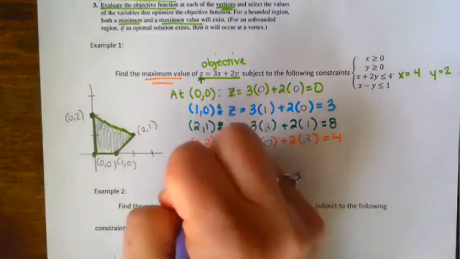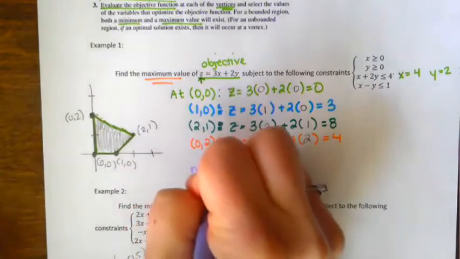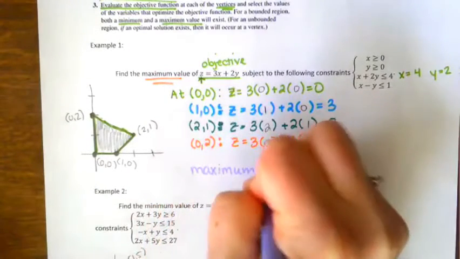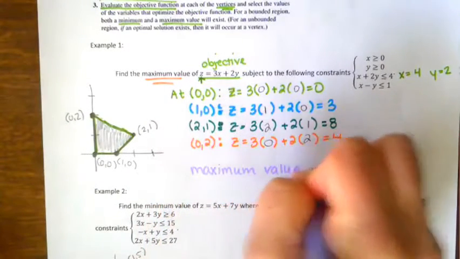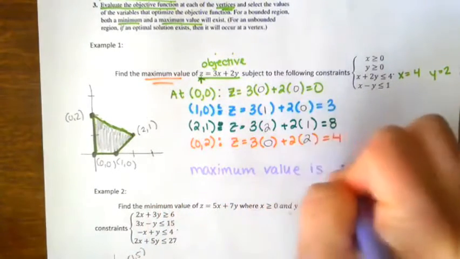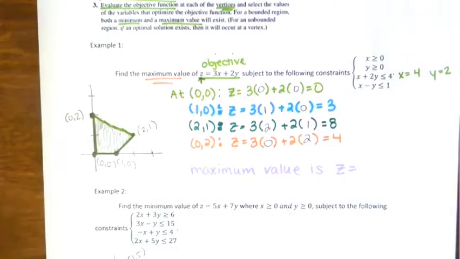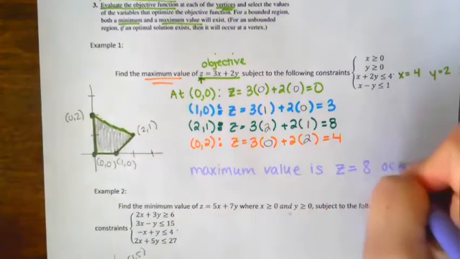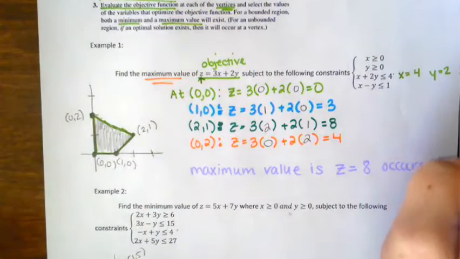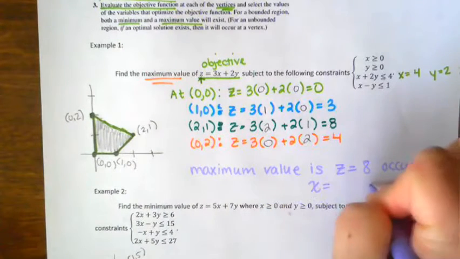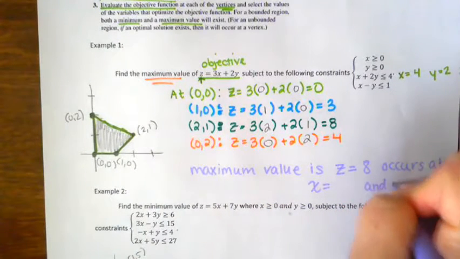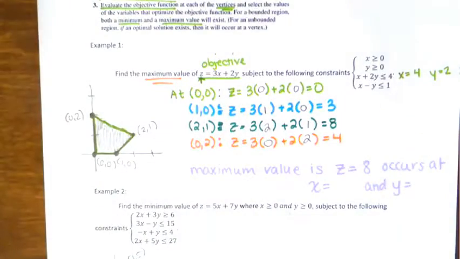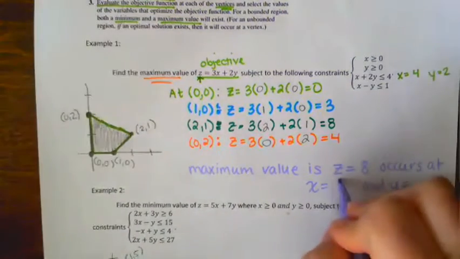That our maximum value is z equals 8. Yep. And that occurs at x equaling 2 and y equaling 1. Yep. And there you go.